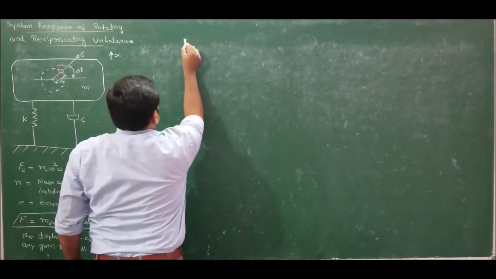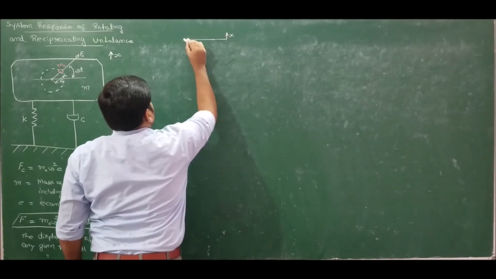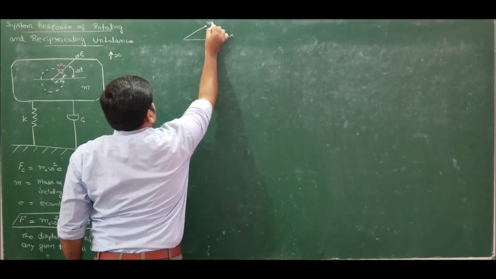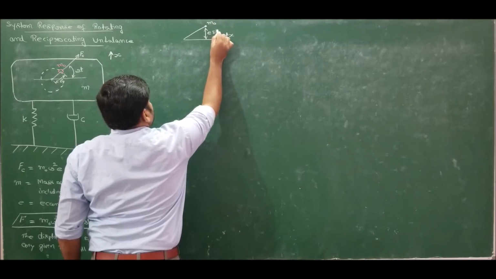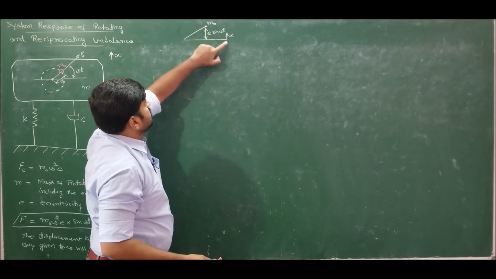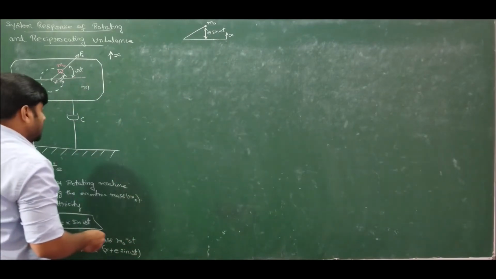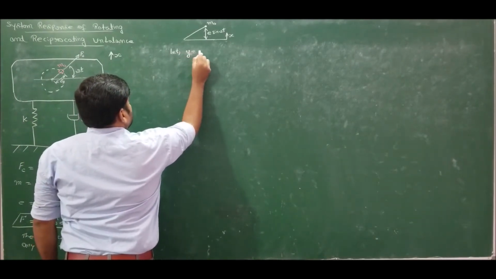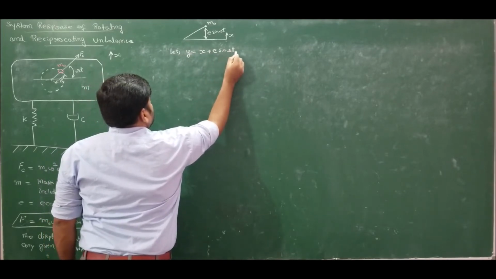What I mean to say is that we have the displacement x, the mass m naught is already situated here, and this distance is already known to us, this is e sin omega t. So the displacement of m naught is x plus e sin omega t. Now let me call that y, which is equal to x plus e sin omega t.